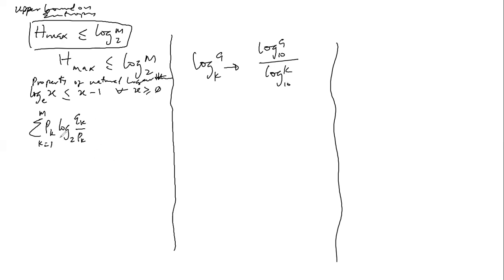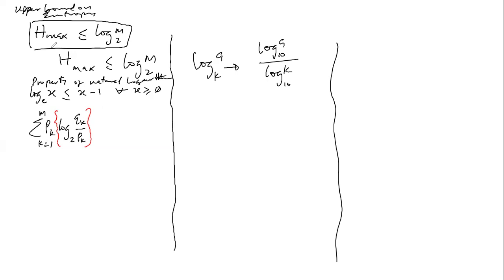Now, this particular expression, we want to convert from base 2 to base 10. We know the sum of these probabilities is equal to 1, by the law of total probability, right? But this expression, we want to convert from base 2 to base 10 so we are able to work towards the natural logarithm, because we need this inequality here to justify this process, to derive the upper bound on the entropy.